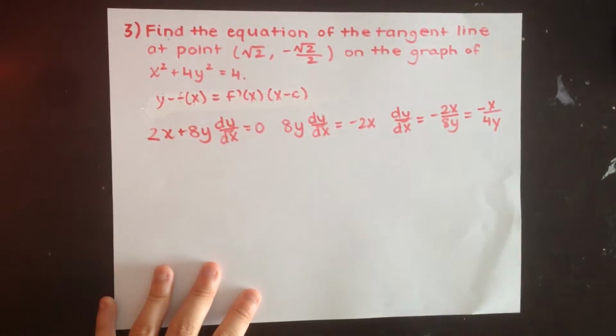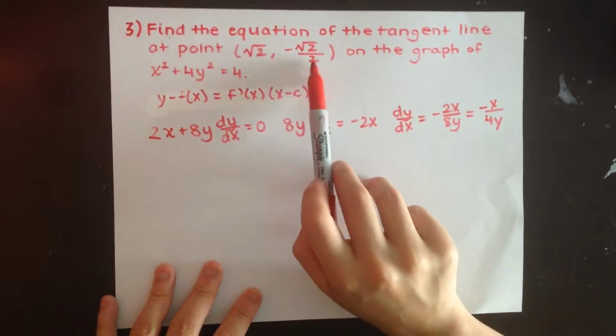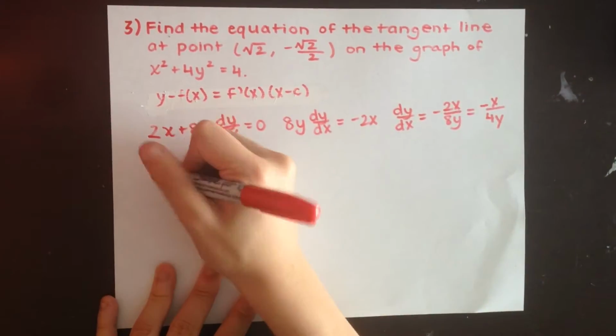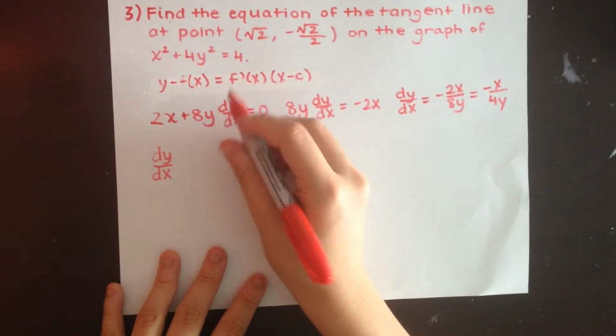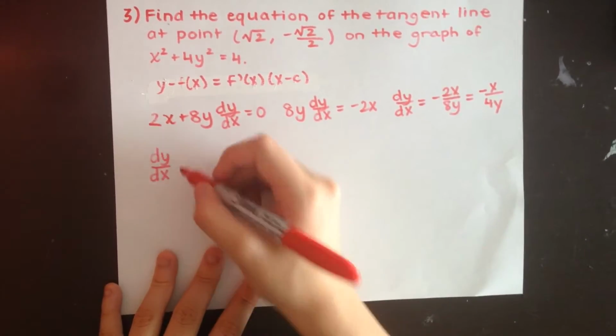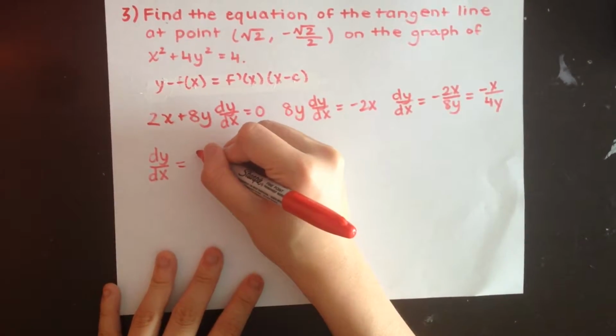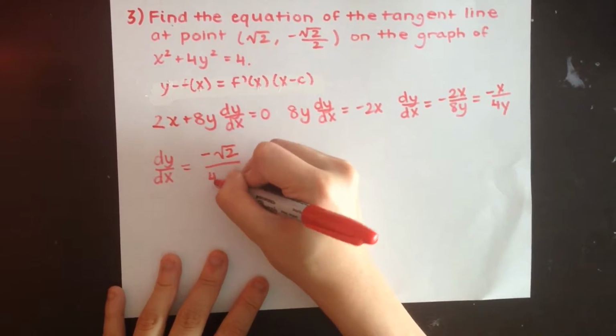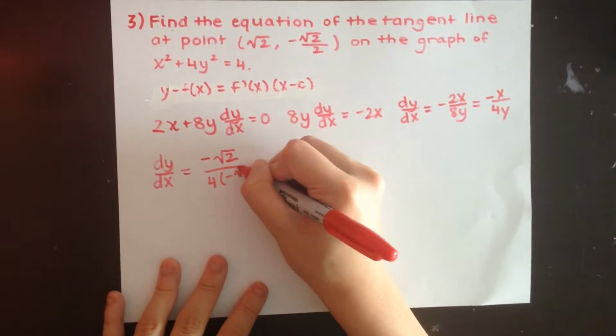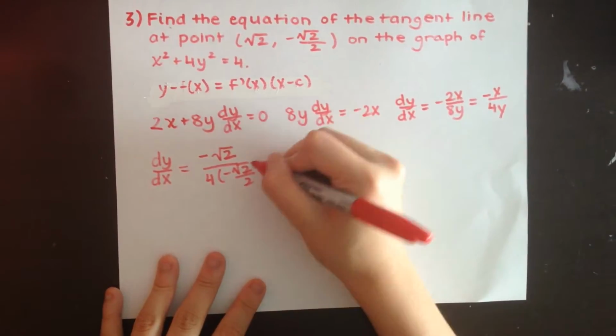So what you do now is you plug in the x and y values at the given point. So dy over dx, so the derivative at point root 2 comma negative root 2 over 2 would be, so negative x is negative root 2 over 4 times negative root 2 over 2.